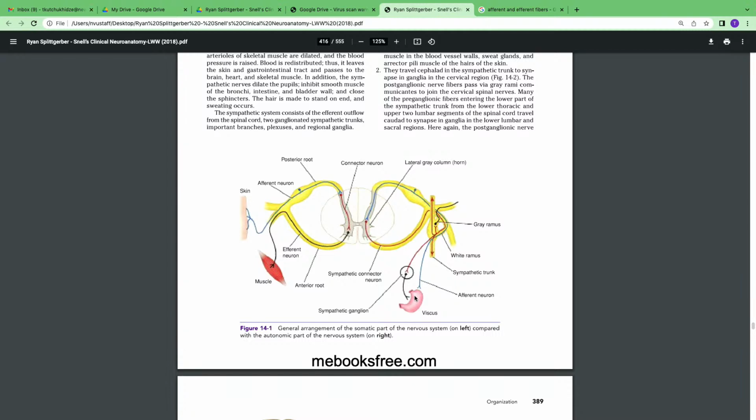Also, when we're talking about the pain receptors, if you remember, I guess I did this with you guys, we won't have any kind of pain receptor straight ahead to feel pain in the visceral organs, right?